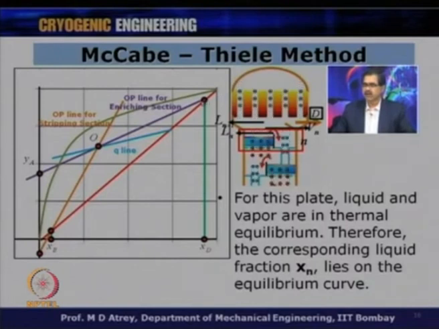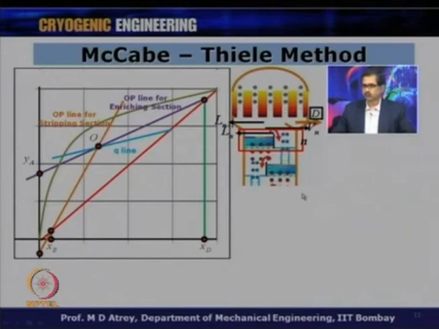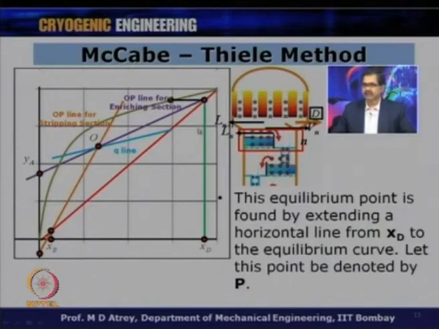So, here I have a Yn which is known to me, because Yn and Xn plus 1 have a relationship which lies on the operating line. I would like to find out for this Yn what is the corresponding Xn which is in thermal equilibrium. So, what do I do? This equilibrium point, that means for this Yn, the equilibrium point Yn, Xn is going to lie on the equilibrium curve, which is what we just talked about.